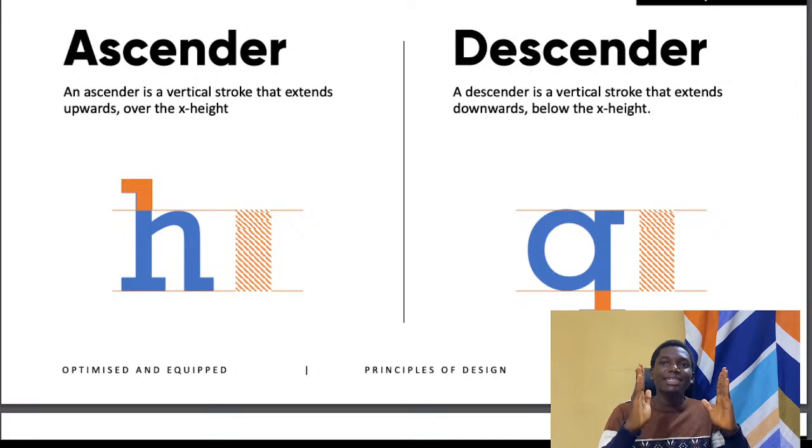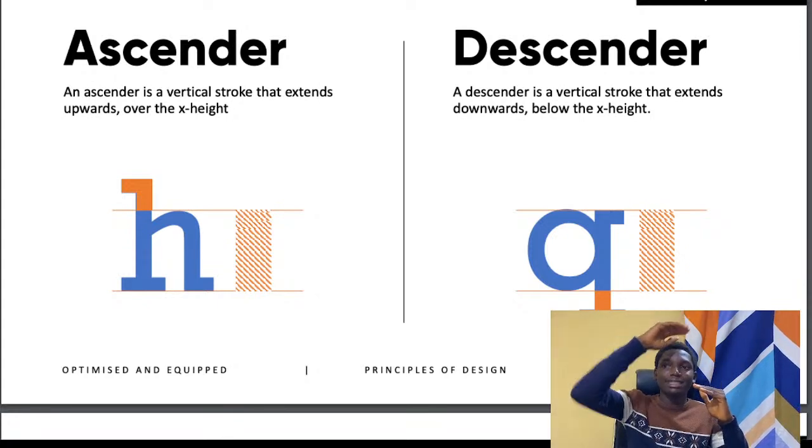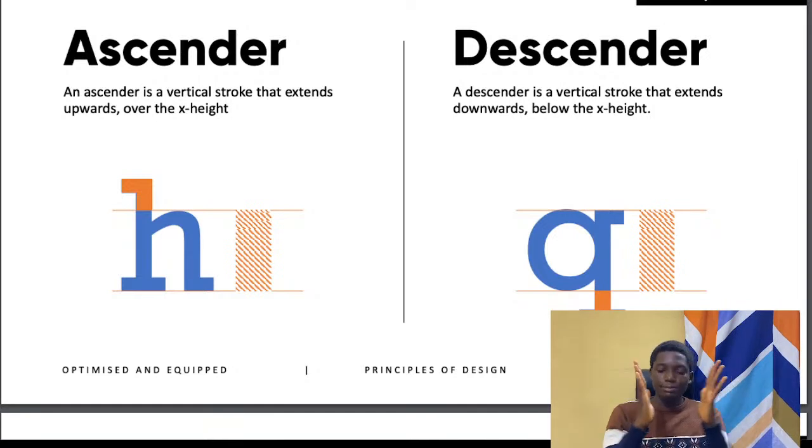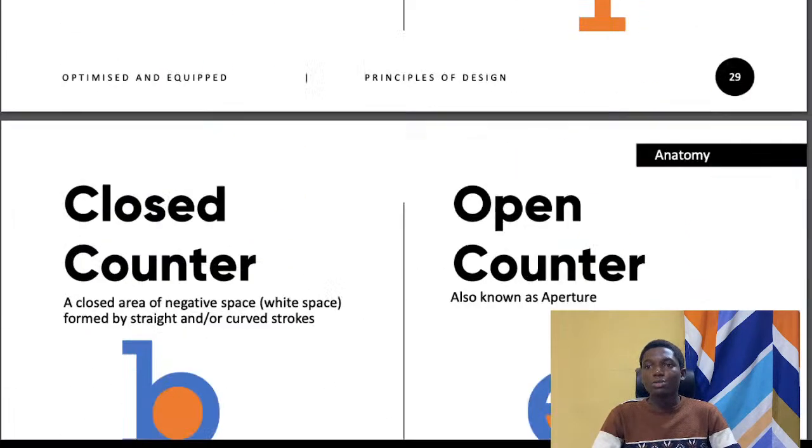We have the two baselines, and what we are going to use to check is where these two lines meet. From the topmost of these two lines, it is called the ascender. From the meeting line down, it is called the descender.